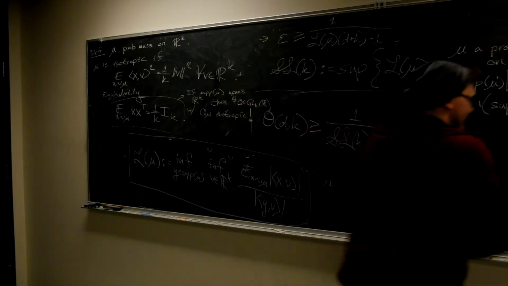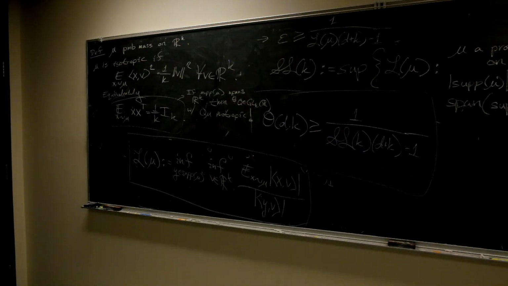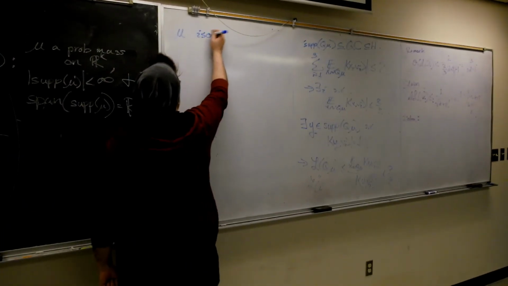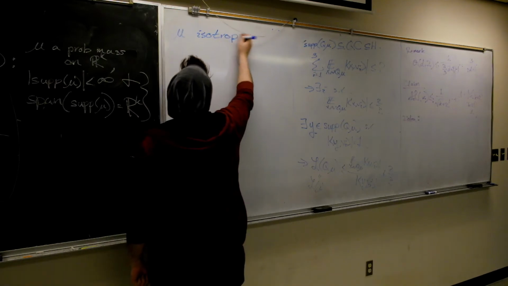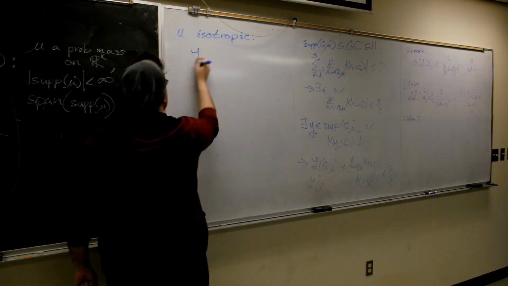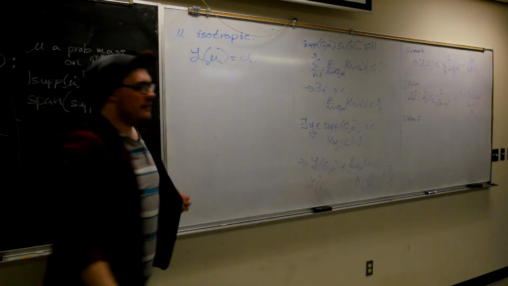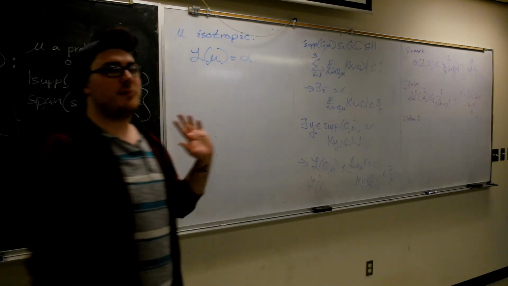Now, how does this really nice form help us? Well, let's see here. Let's suppose mu is isotropic. And let's say that L of mu is equal to some alpha. I want to come up with a different way to upper bound L of mu.